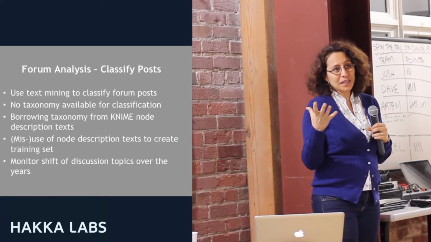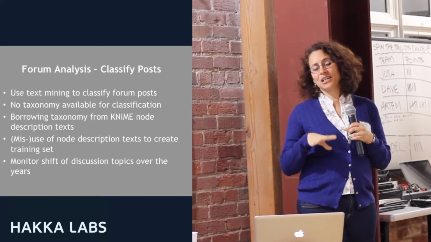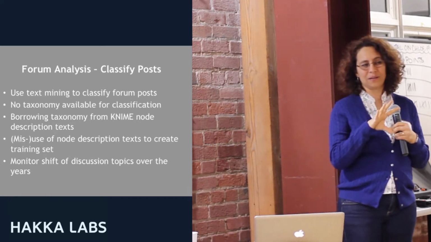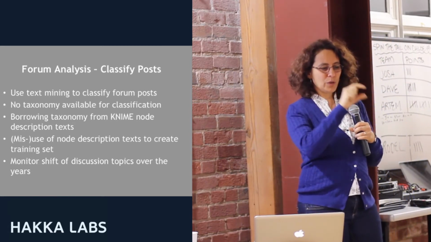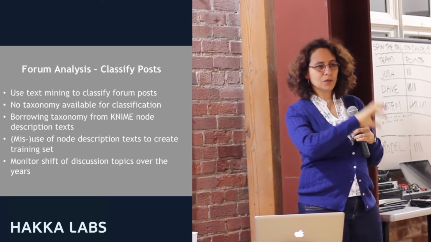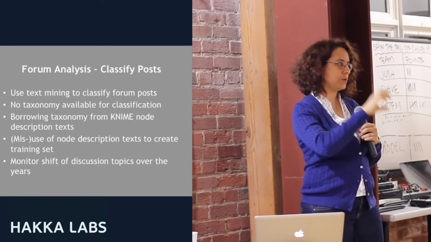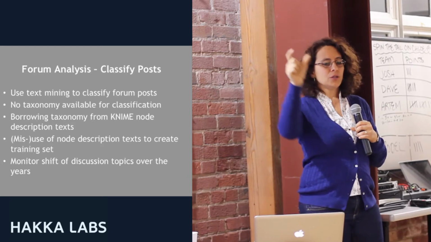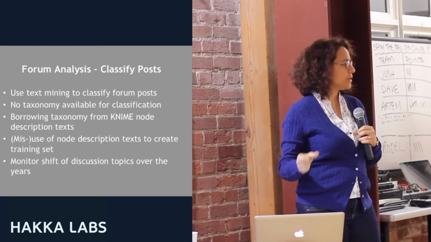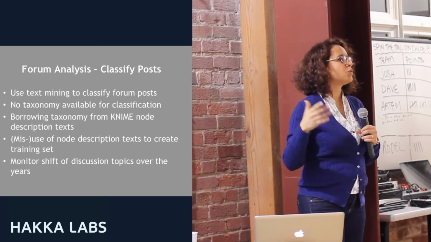Since I don't have it from the forum, I've decided to borrow a taxonomy from another place. In KNIME, when you drag and drop a node from the node repository into the workflow editor, there is a little information panel on the side with the description of what the node does.